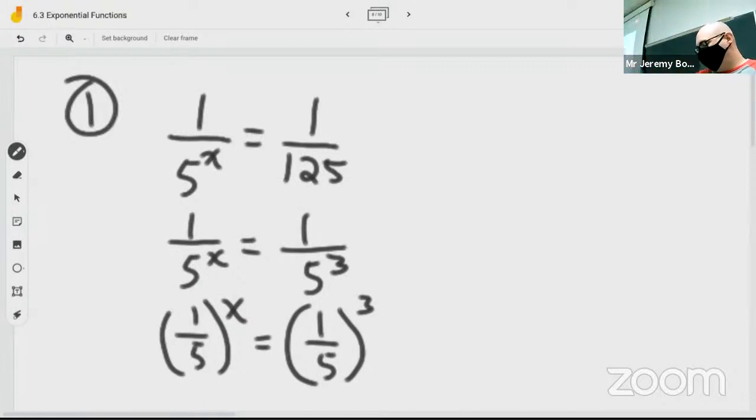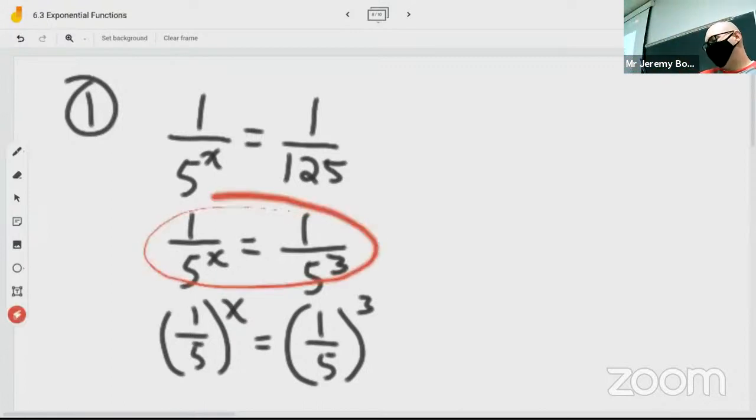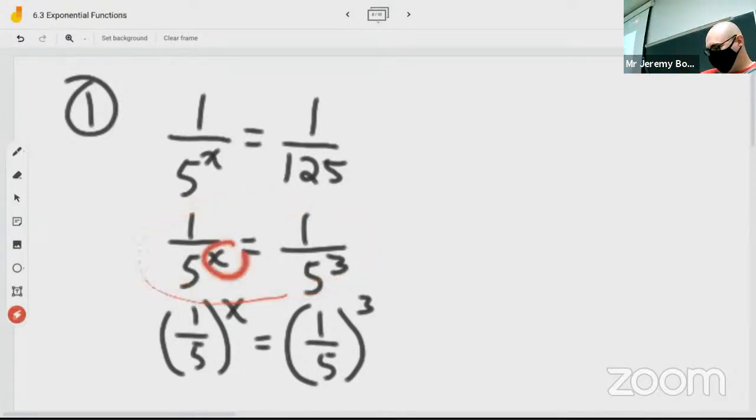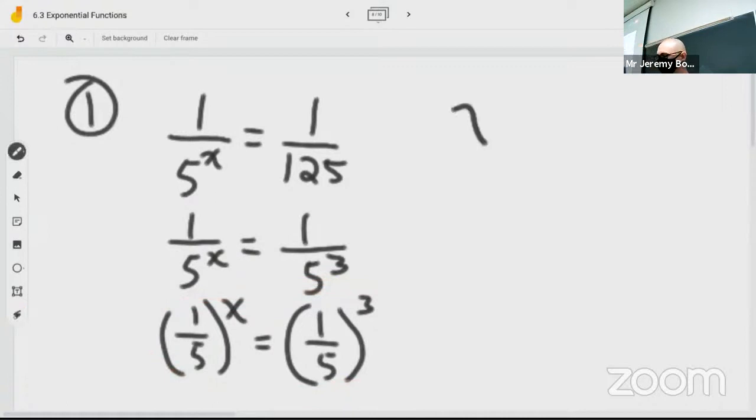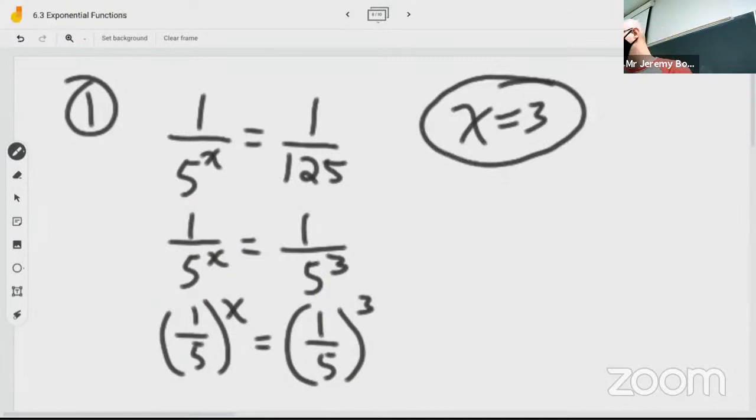In all honesty, once you're at this point, you can assume that this exponent is equal to this exponent. But if you want to be more mathematically sound, I would go with this. And so now we can assume x is equal to 3, and we're done at that point. We don't have anything else to solve. Any questions on that one?